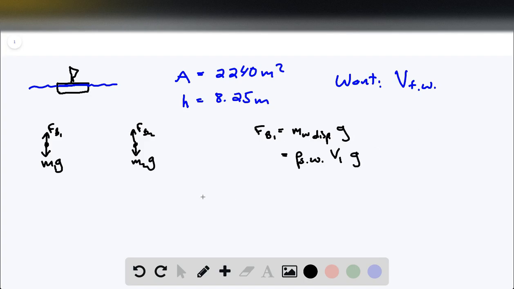Basically we can just consider the first situation. It's carrying both the fresh water as well, so for the mass, M1 will be the mass of the boat, I'll just call it MB, plus the mass of the fresh water.